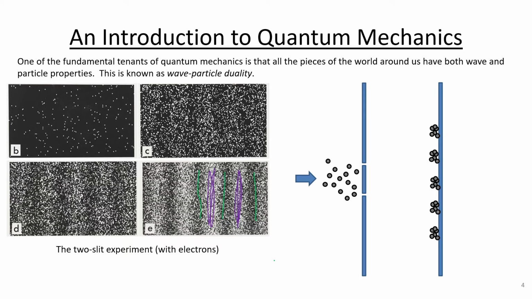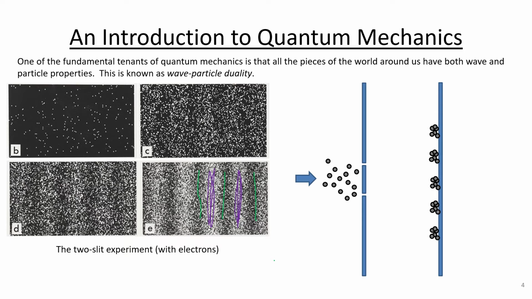This is kind of weird, because if they were particles, there would be no reason for them to do this. You don't get constructive and destructive interference unless you have waves, and yet nominally we think about electrons as these particles that carry charge and whirl around nuclei and flow through wires to give us electricity, and yet here they are acting like a wave, like light.